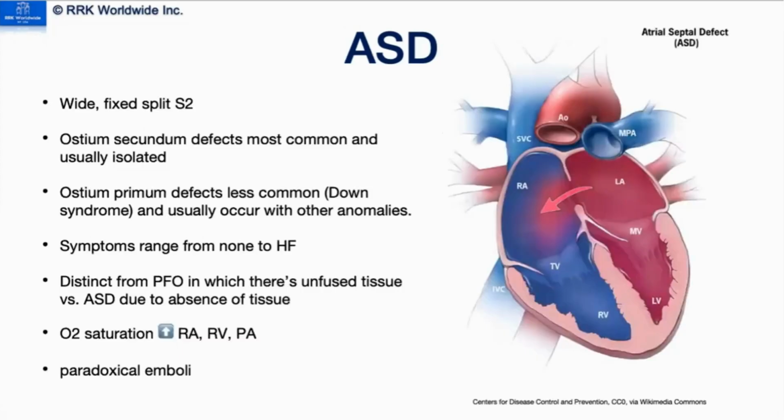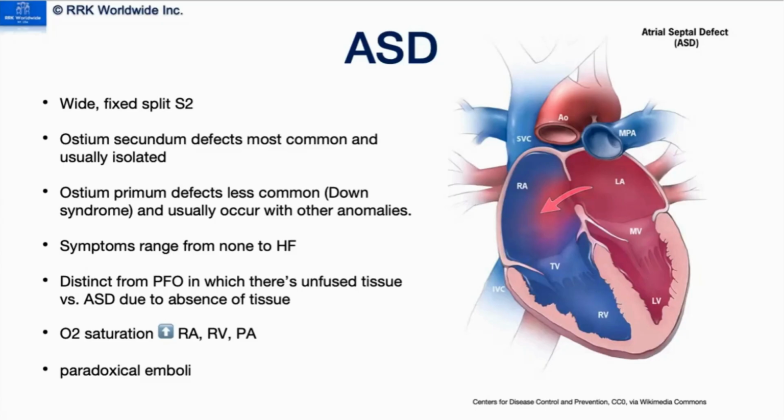ASD, atrial septal defect. Here the left atrium is going to be shunted to the right atrium, so it's a left to right shunt. Again, it may present initially without any cyanosis, and may go undetected because of that.